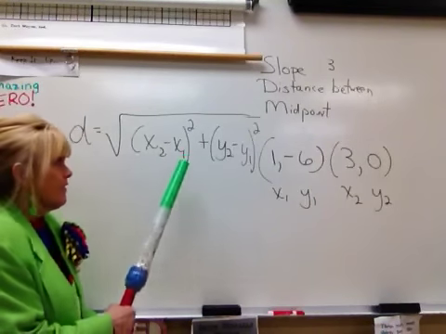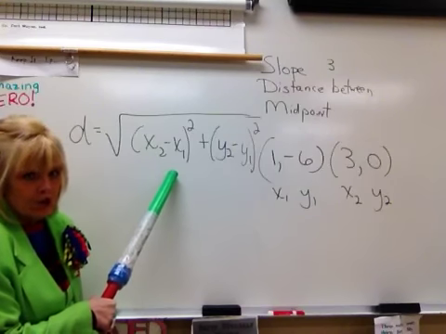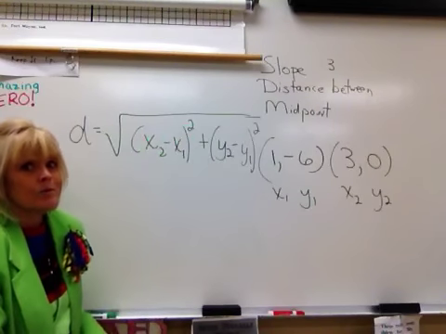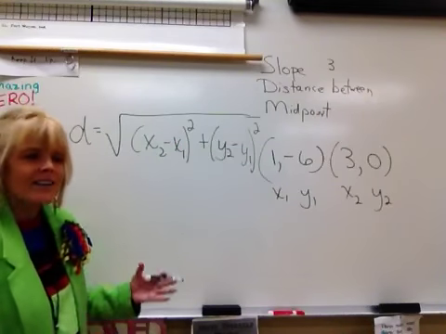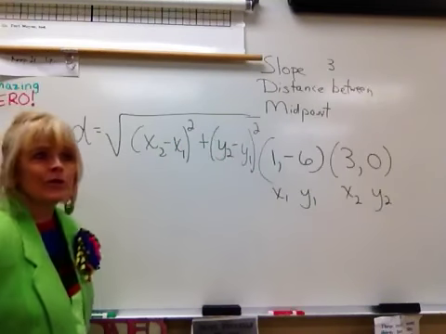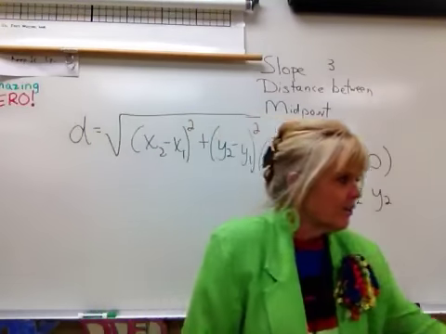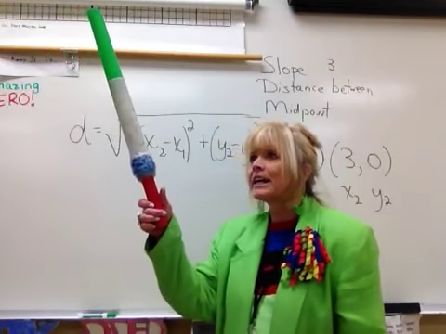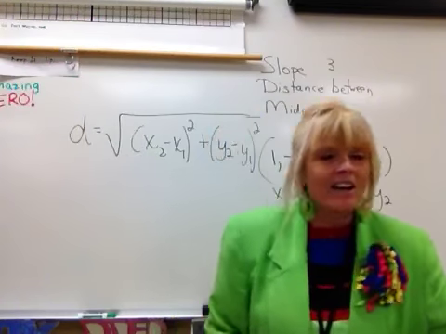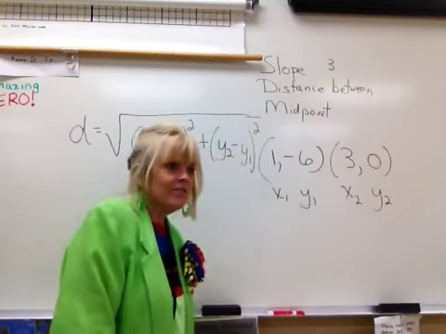Now, luckily, you don't have to memorize that one because it's on the formula sheet. The other one you have to have memorized. Once you learn how to do the slope one, you just let the force be with you, let the formula guide you. The rest is actually just let the formula guide you.